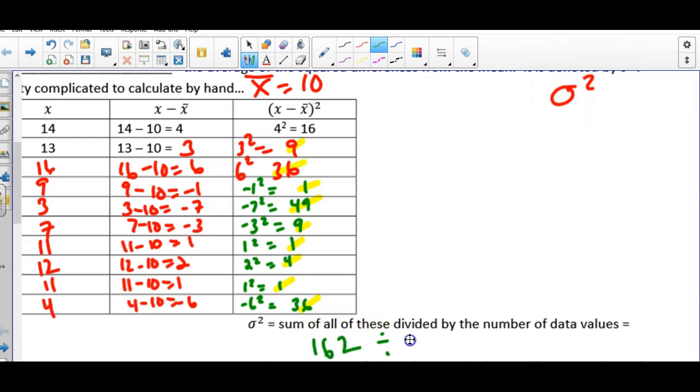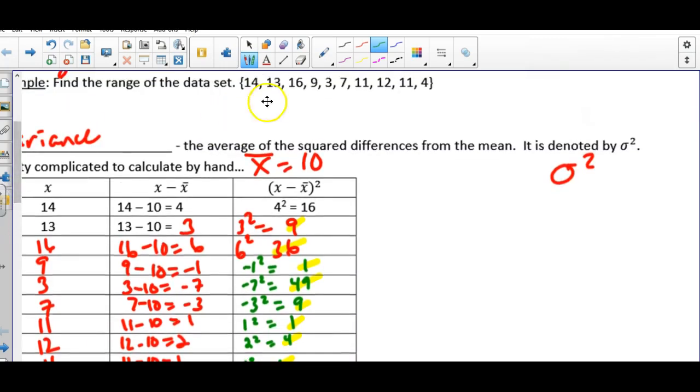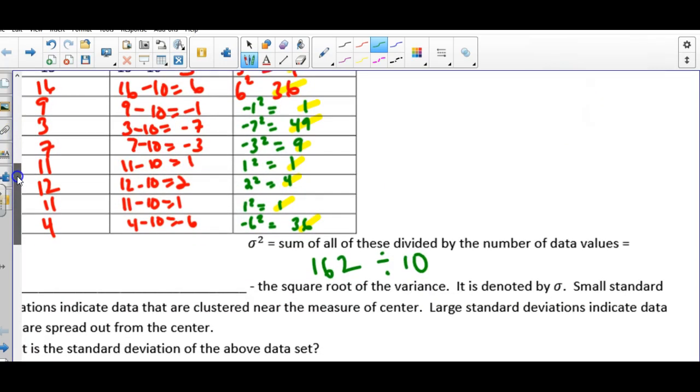Now if I divide that by 10, which is the number of items in this set, 1, 2, 3, 4, 5, 6, 7, 8, 9, 10. Divide by 10, not the average, but 10 because there's 10 items in the set. I get 16.2.